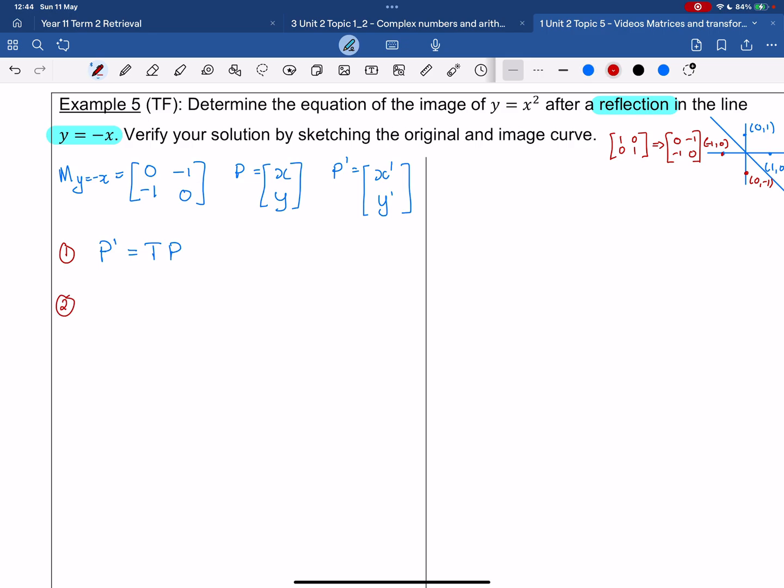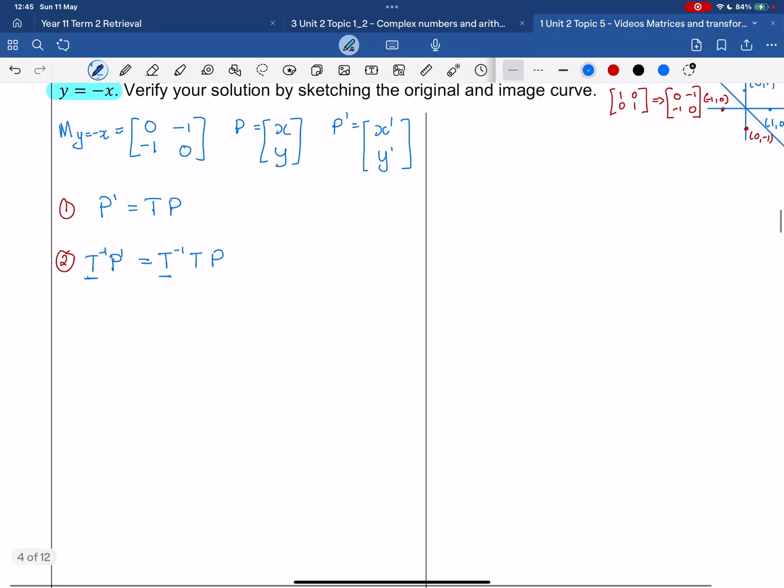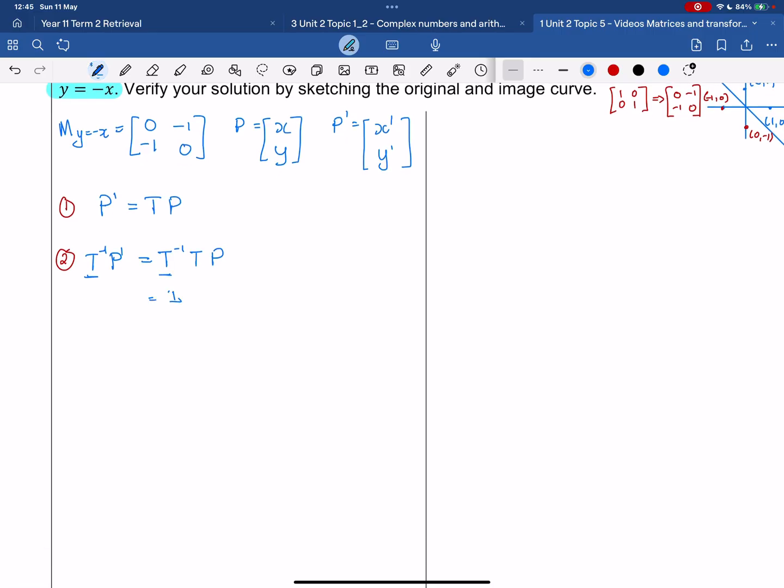Okay, so the second thing we're going to do is show our steps of our matrix algebra, and that's going to involve multiplying by our inverse matrix on both sides. And remember that order matters, so we're multiplying on the left hand side here, and T inverse T is just I, so we've got T inverse P primed, and therefore our original matrix was T inverse times P primed.